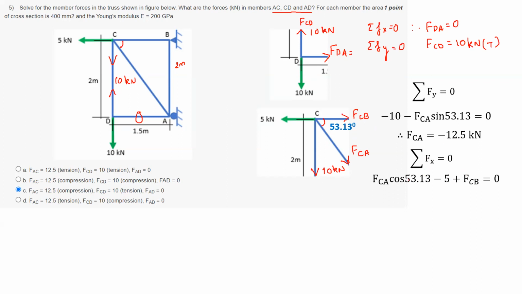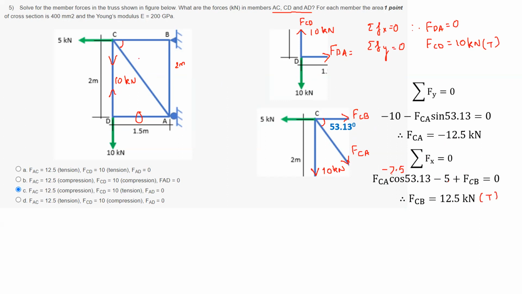Now FCA is minus, and if we put values, we get this value as minus 7.5. So minus 7.5 minus 5 minus 12.5 goes to the right side and becomes plus 7.5. So FCB is tensile.